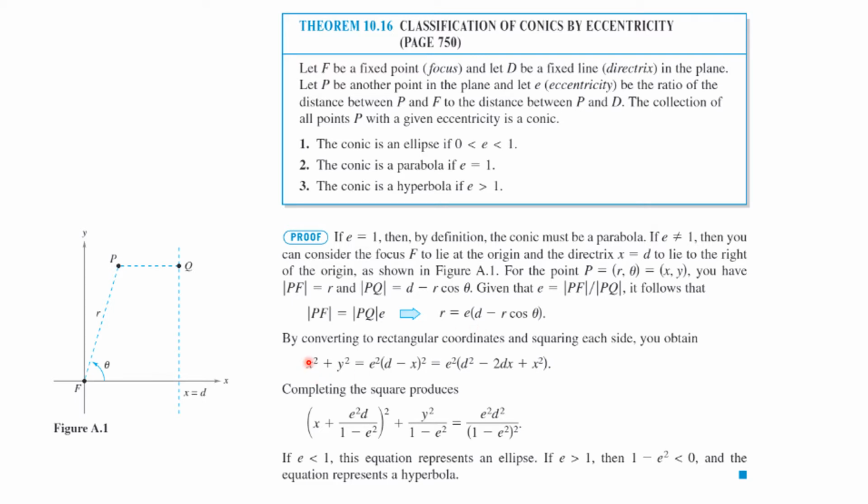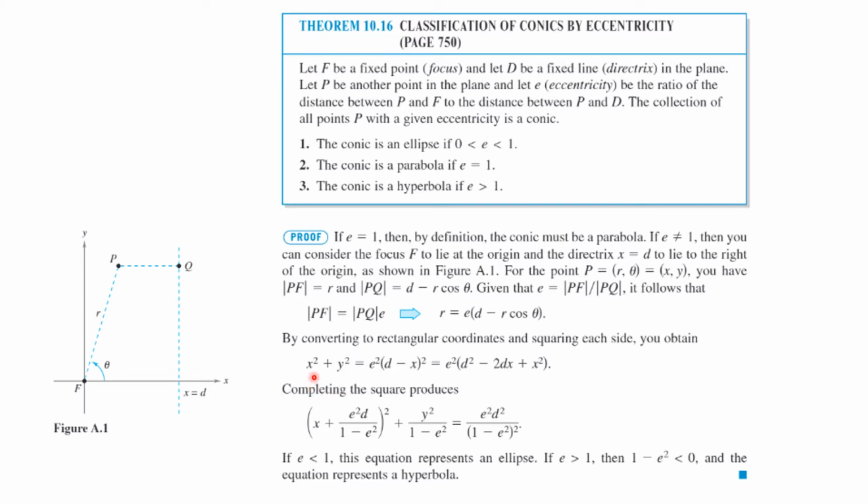Now we can square both sides, and if we do that, we'll have r squared equals e squared times d minus r cosine theta, whole squared. So we can change that to rectangular coordinates. So this is x squared plus y squared is equal to e squared times d minus x, whole squared. So this is e squared, and then I just expand d minus x times d minus x, and I get this.